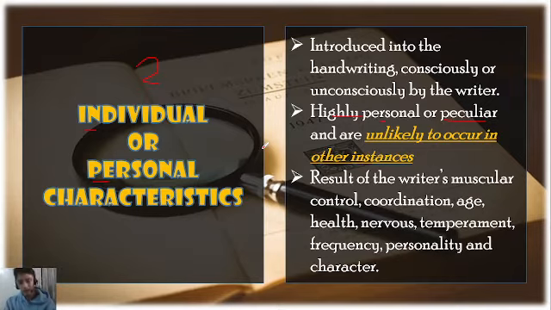Okay? So, ano po ba yung factors bakit nagkakaroon ng individual or personal characteristics? So, as we have said, sa physiological basis on handwriting, involved ang isipan natin, di ba? So, we have different thinking. We have different functioning of the nervous system. Okay? And aside from that, the emotions, personality na meron tayo. Okay?